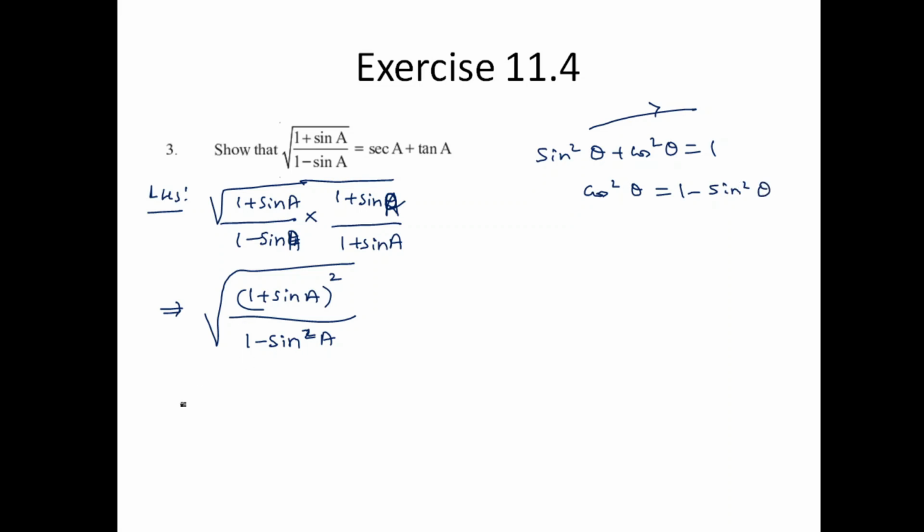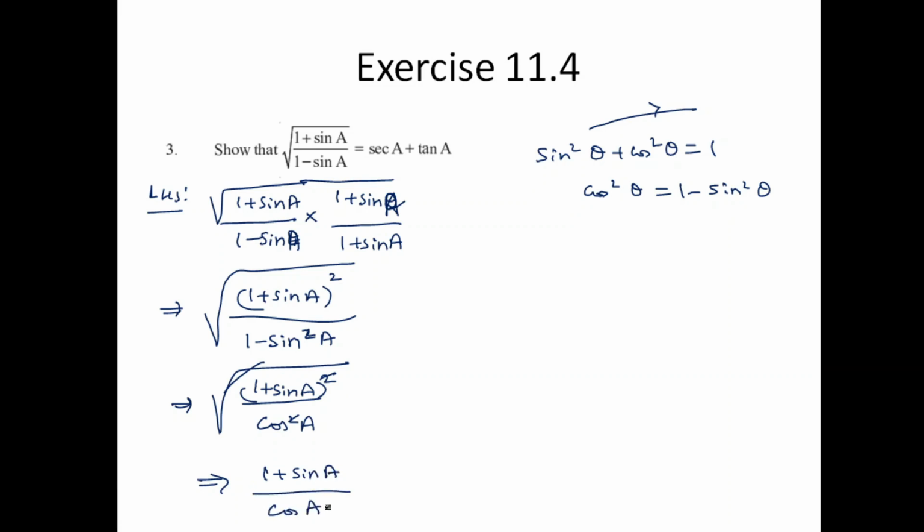So instead of this, the denominator, I can write it directly as cos square A. Okay, so this is eventually under the root, and the numerator remains the same as we haven't done anything in the numerator. So here, this is square and this is square, and this root is removed. So at last I am left with 1 plus sine A by cos A, isn't it?